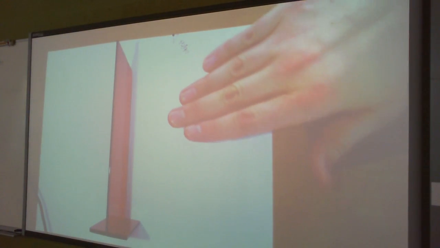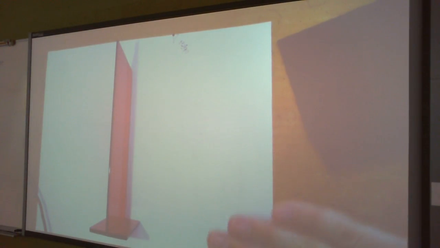So object's off to the side of the mirror so that when I look straight in, I don't see it. So in order to see it, I'm going to have to move my head over here to the side, right? And when I move my head to the side, I can see its reflection right about there.